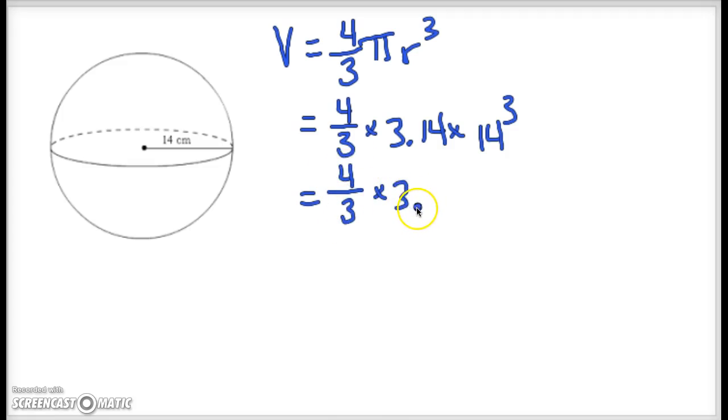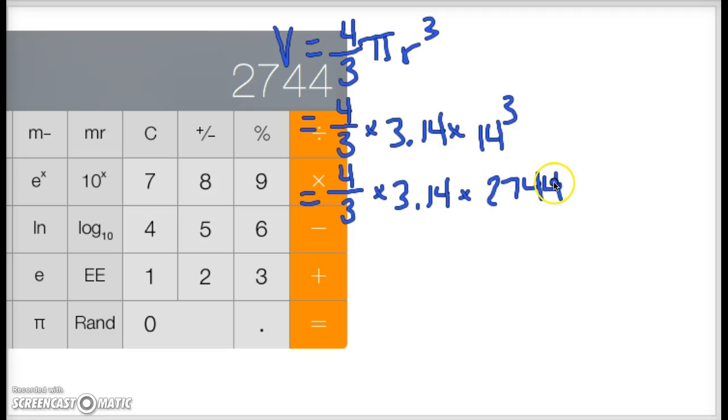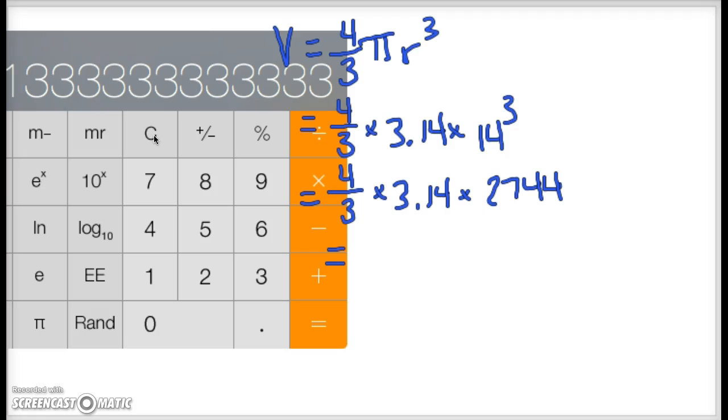So 4/3 times 3.14, and then I'm going to use my calculator to figure out what 14 cubed is. You get 2,744. Okay, and then we just multiply all of this together. So I'm going to take 4 times 3.14 times 2,744, and then divide all of that by 3.